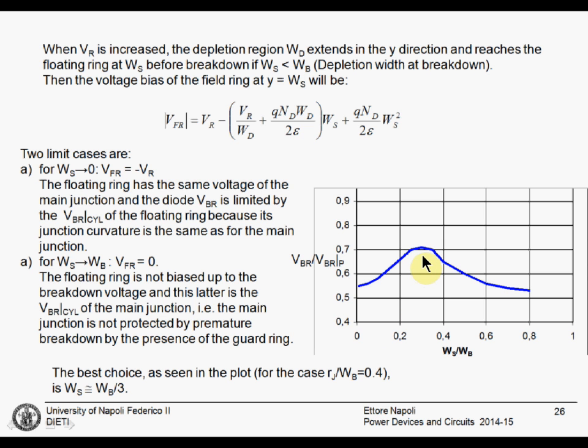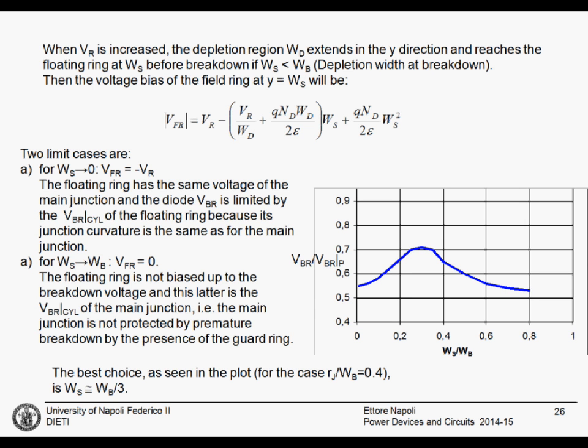As we can see here, for a particular case, Rj divided by WB equal to 0.4, the ratio of the actual breakdown voltage divided by the ideal breakdown voltage increases from 0.55 to, let's say, 0.7. If this were a 1 kV device, we are improving from 550 volts of breakdown to 700.